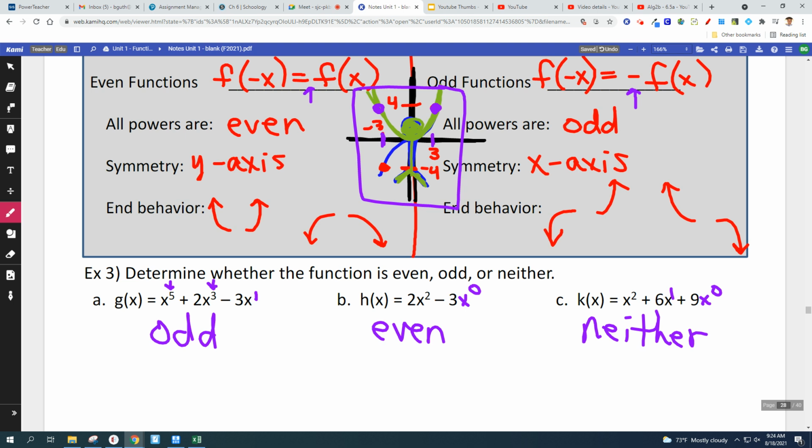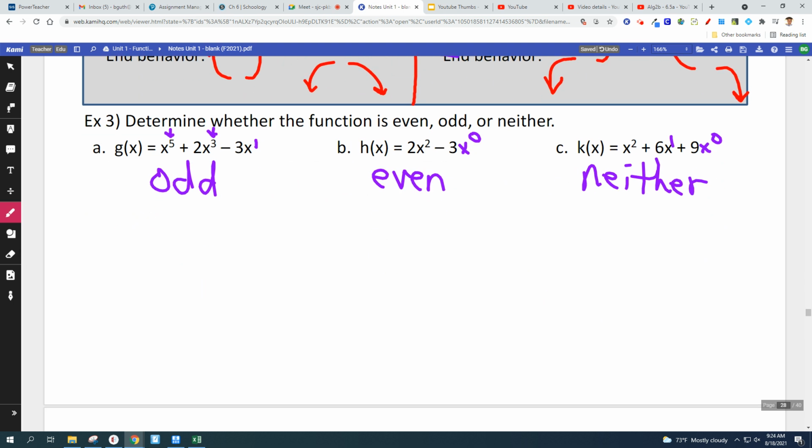Part A is an odd function, and odd functions have this property right here. What we do is look at what happens if we plug in opposite x. If you took that function and replaced x with opposite x, there are 1, 2, 3, 4, 5 negatives.